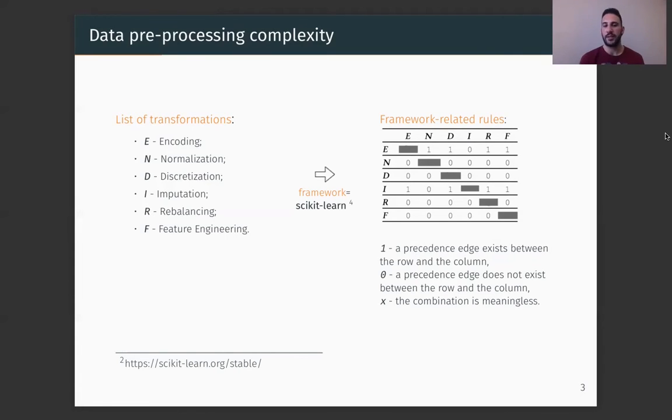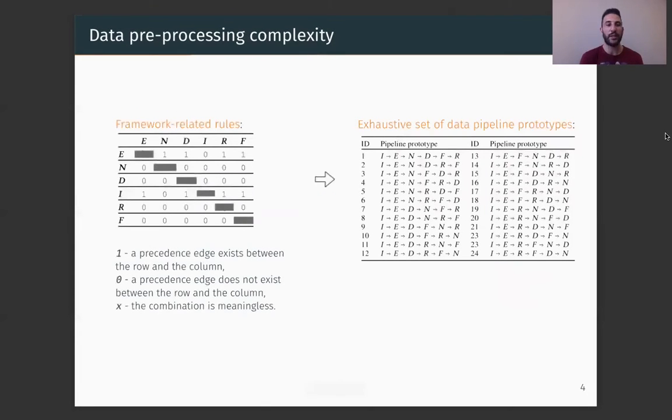So you can see this table as a graph where the transformations are the nodes and the cells are the edges. So we concatenated all the transformations together in all the possible ways according to the framework-related rules, and we generated this table on the right. Each of the combinations is a data pipeline prototype. We have 24 data pipeline prototypes, and they consist of an exhaustive set of data pipeline prototypes.